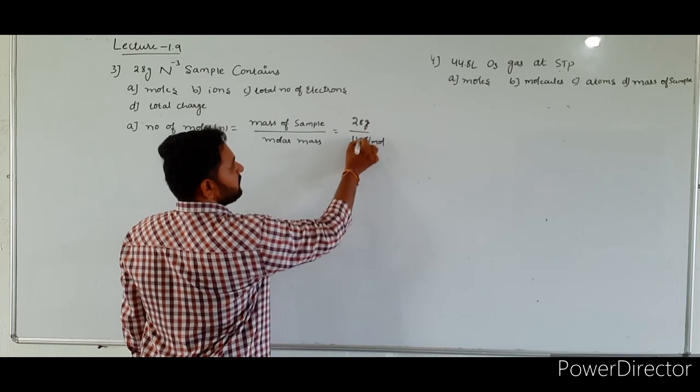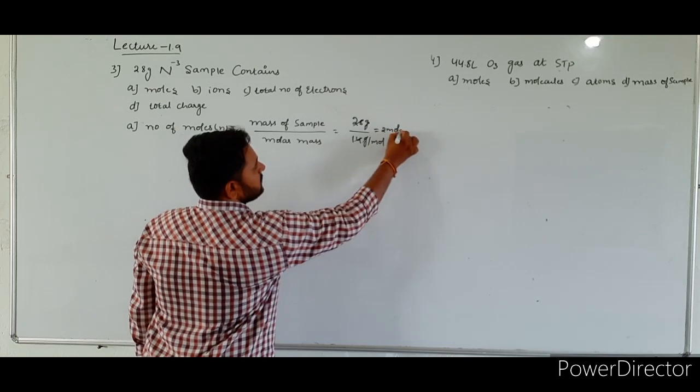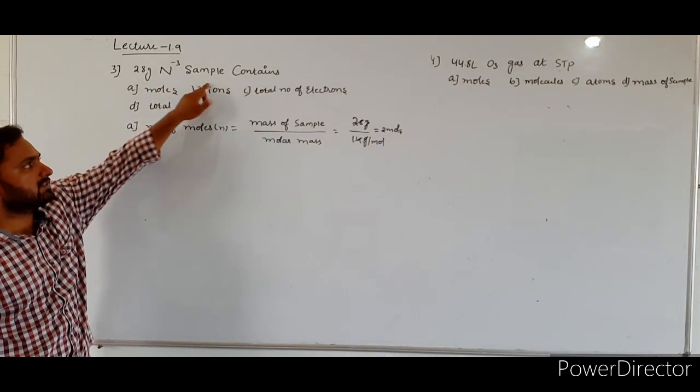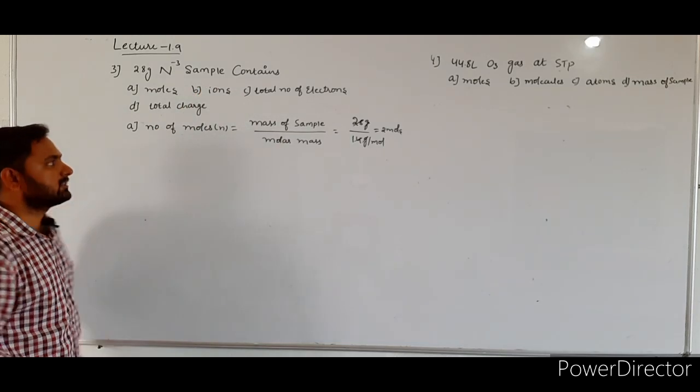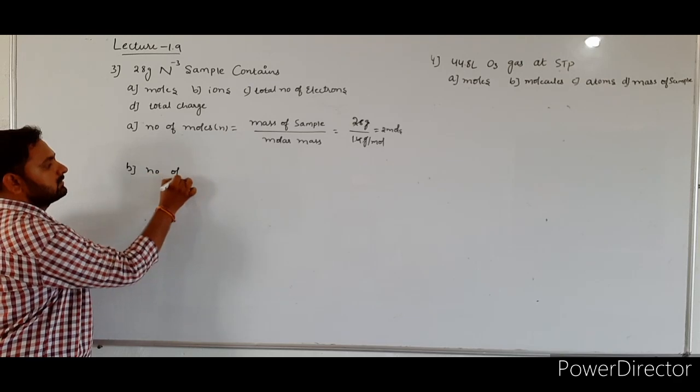Gram gets cancelled, 14 1s are 14, 14 2s are 28, so 2 moles. How many moles are present in the 28 gram nitride ion sample? There are 2 moles.